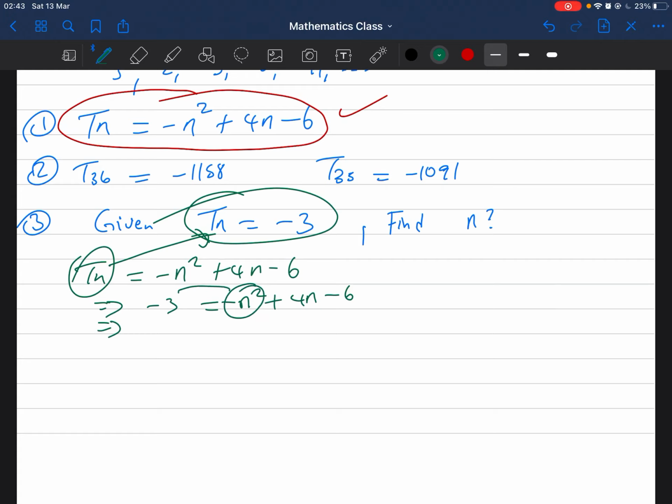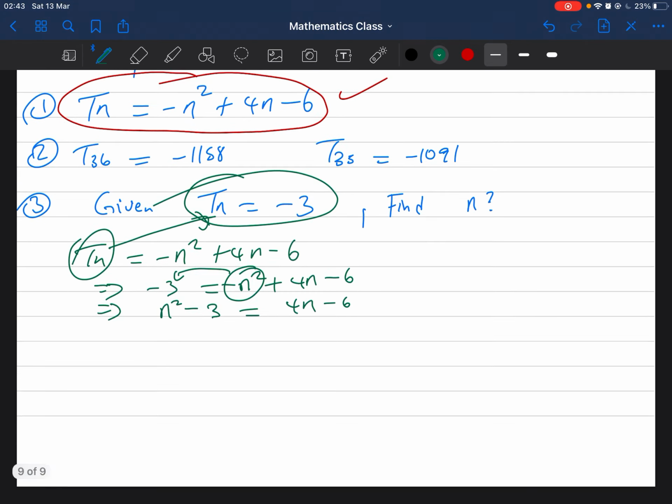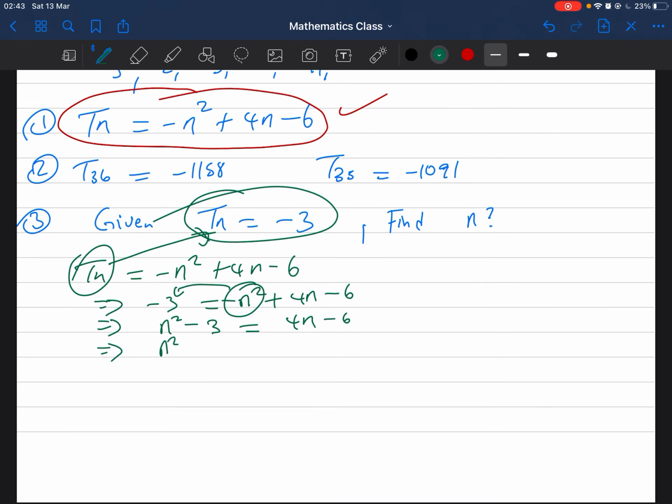If you take -n squared to the other side, it's going to be positive n squared, minus 3 is equal to 4n minus 6. Take 4n to the other side, it's going to be -4n, so n squared minus 4n minus 3 is equal to -6. Of course, you don't have to do all of these steps. I'll show you the quickest one.